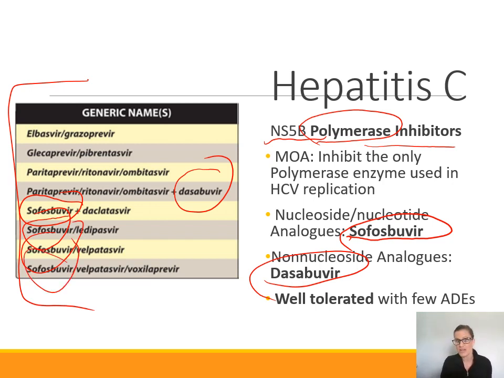So they're used pretty commonly. In most of these treatment combinations for Hep C, we see a polymerase inhibitor included. And one of the reasons for that is that they're really well tolerated. A lot of the other drugs have side effects and drug interactions and all these problems. These are really well tolerated. So adding them onto therapy gives us efficacy without giving us a bunch of extra problems.